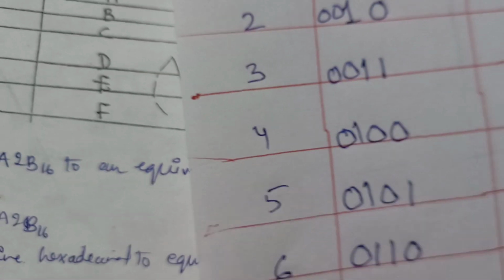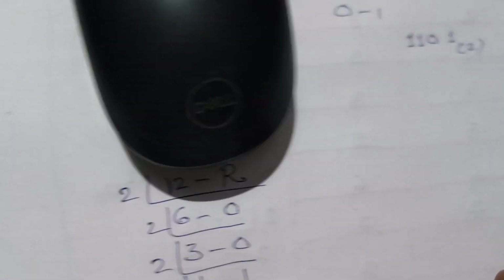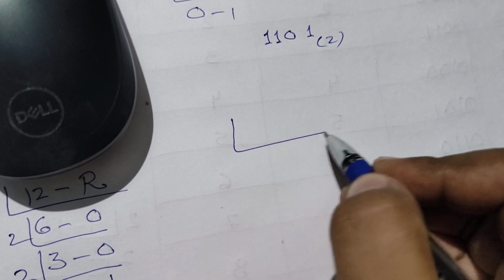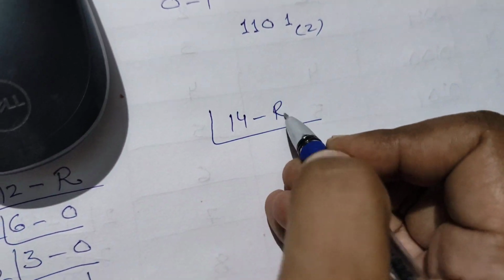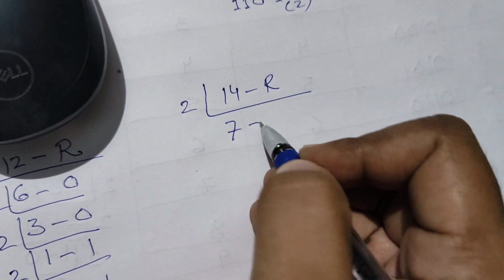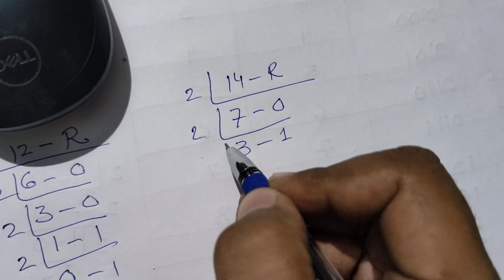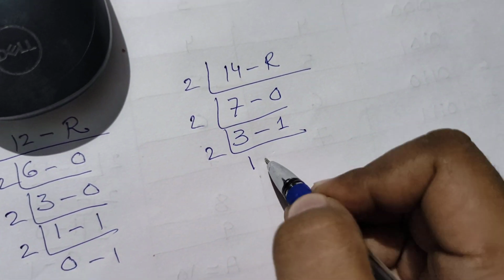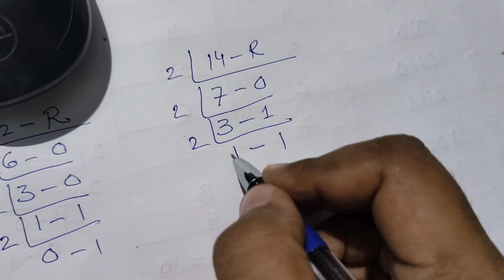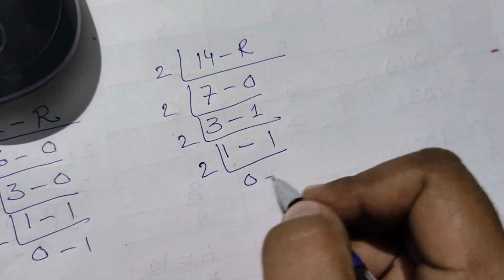Next 14. 2 7s are 14, remainder 0. 2 3s are 6, remainder 1. 2 1s are 2, remainder 1. Now this is 0 1.